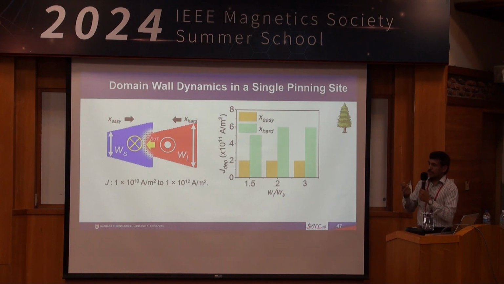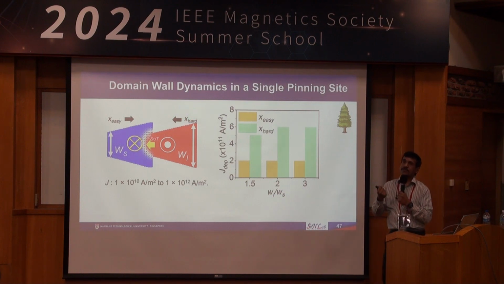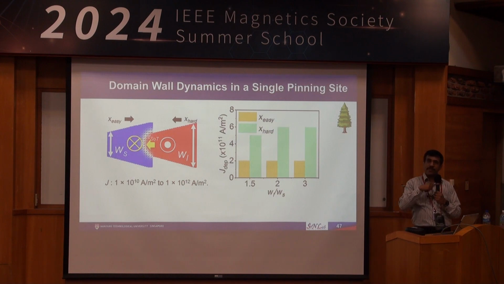It's like when you have two balloons with different Laplace pressure, the air always goes from one side to the other. In a similar sense, in this kind of domain wall device, it's easy to move the domain wall from one side to the other, and it's hard to move it from the other side. We noticed that the currents needed to move the domain wall in the easy direction are much lower.